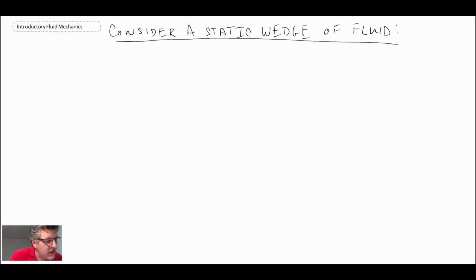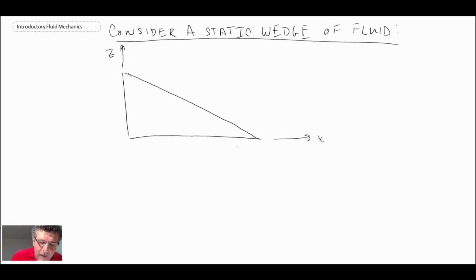So I'm going to draw out our chunk of fluid. It's a wedge, so it's going to look something like this. And I'm now going to draw the coordinates that we have: Z will be in the vertical, X will be in the horizontal, and we're going to assume that Y goes into the plane of the screen, and that will be width B into screen.